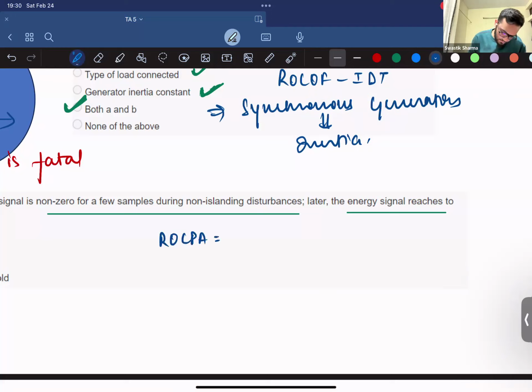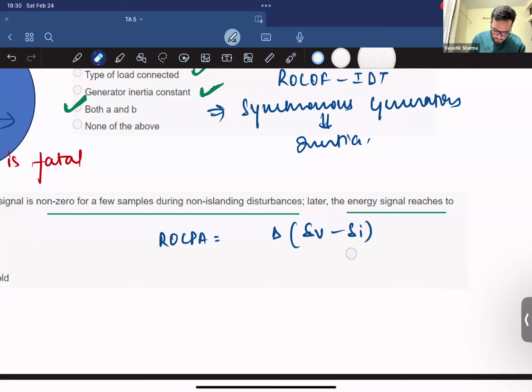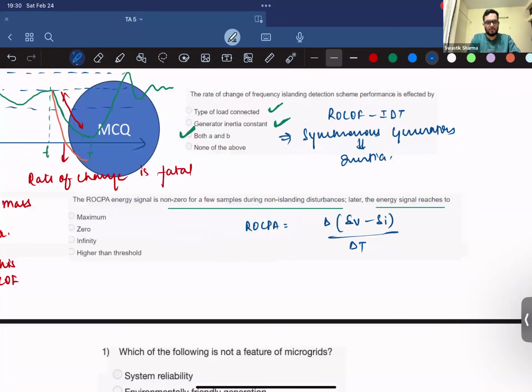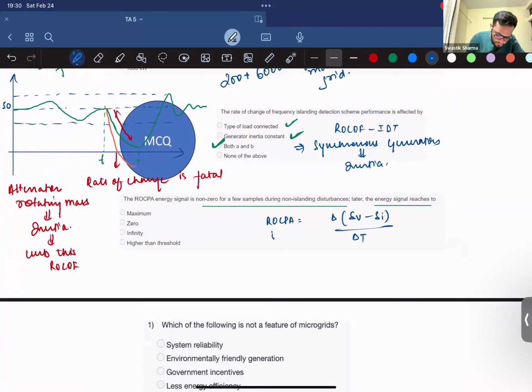ROCPA is the rate of change of the difference between the phase angle of your voltage and the phase angle of your current. So if you monitor this, this is an index, right?